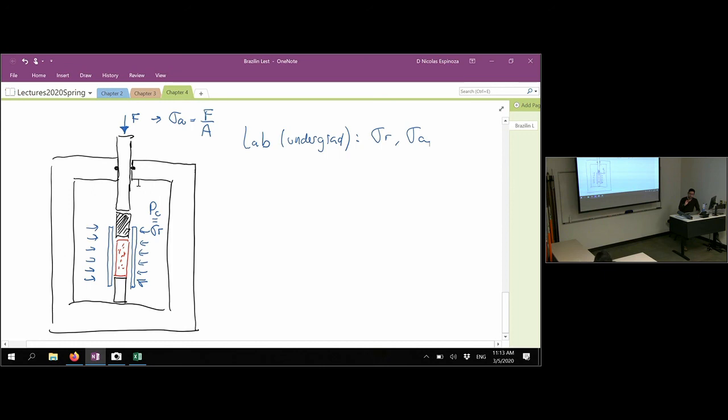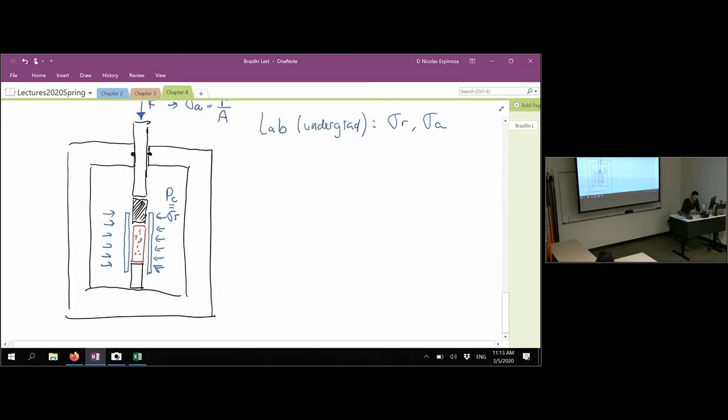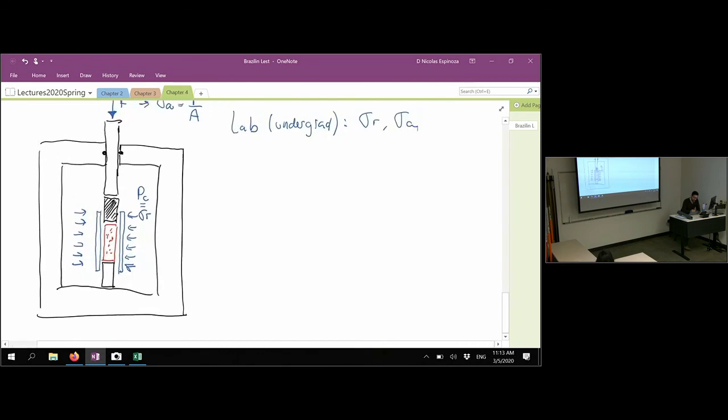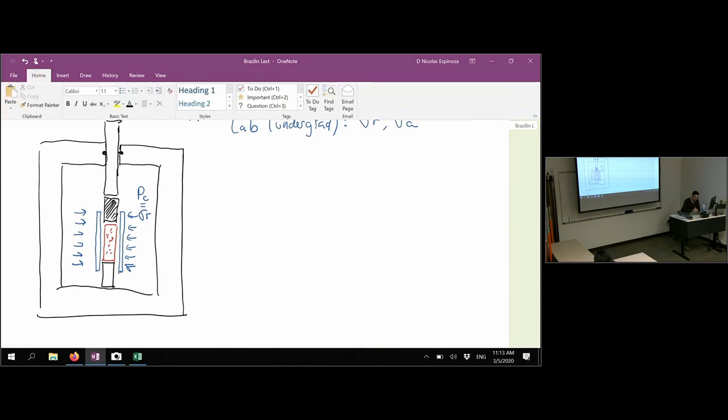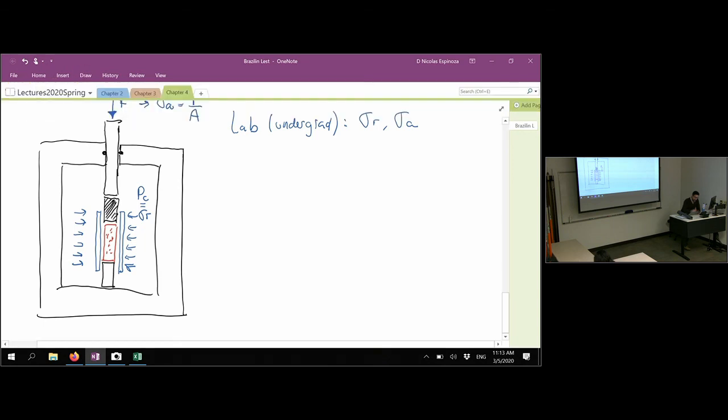I did a minor mistake here, so let me fix it, because I need to get this load cell outside here.